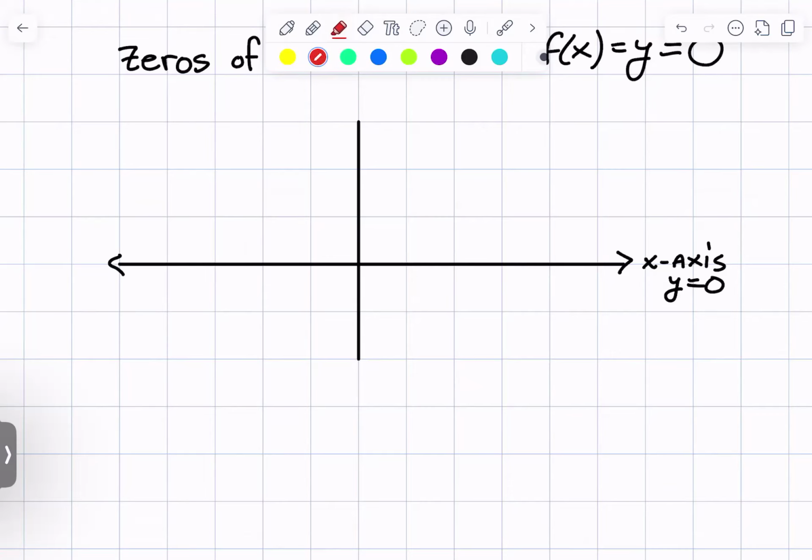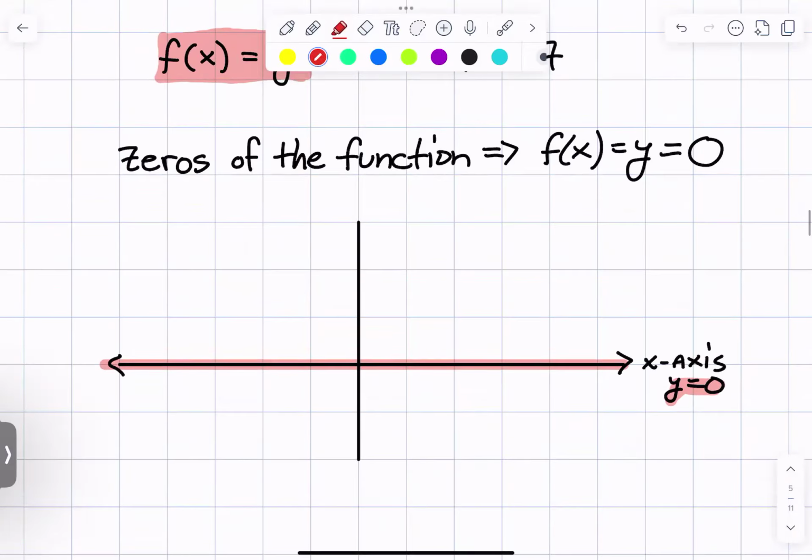Along this horizontal line, y is always going to be equal to 0, correct? There's no way around it. So when I find the zeros of the function, graphically, what am I looking for?